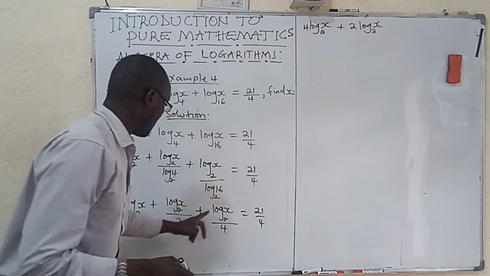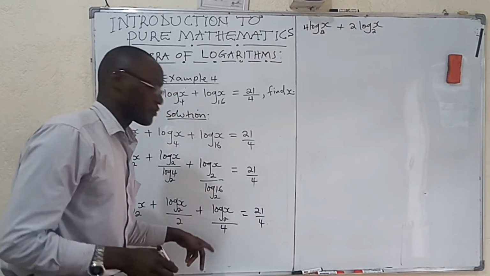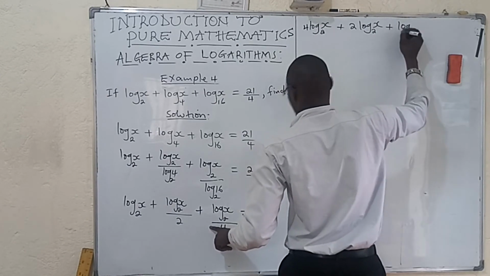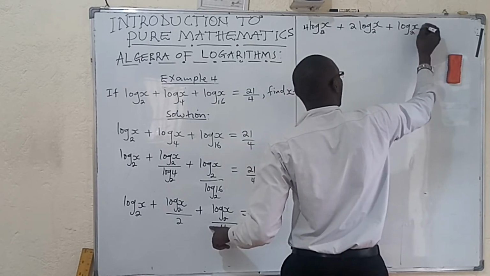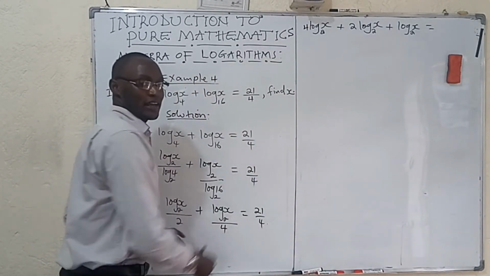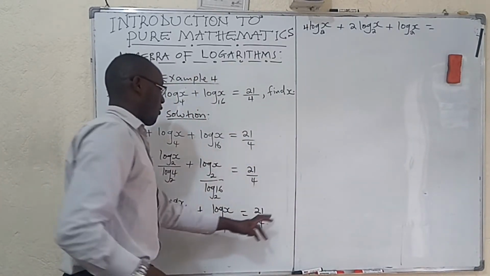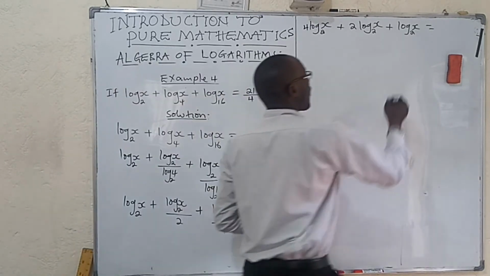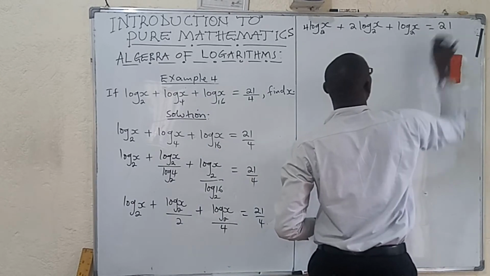Very interesting. By 4, the 4 crosses out with the 4. We remain with 1 log base 2 of x is equal to, what you have done on this side, you are doing on the other side, times 4. So we remain with a 21.